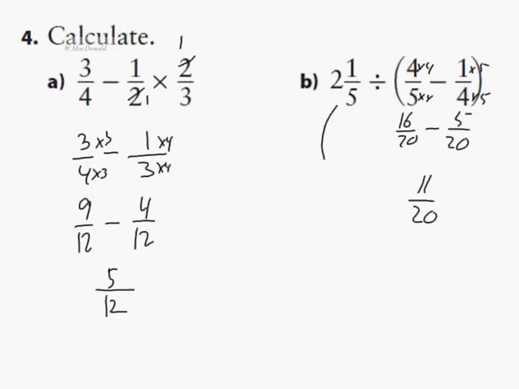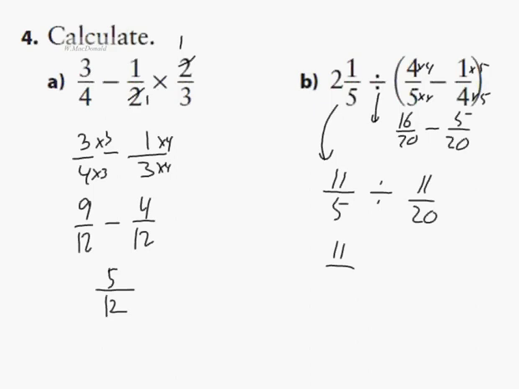So 2 1/5, I'm not going to deal with mixed fractions. I'm going to change it to an improper fraction instead. So really this whole question becomes 11/5 divided by what the bracket simplified to be, 11/20.